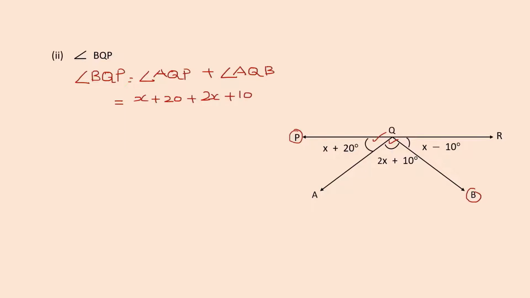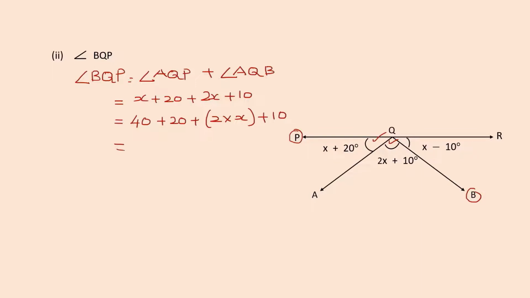We are going to substitute x for its value which we found out. Previously we found out x to be 40. So wherever we have x, let's put 40. So 40 plus 20 plus, here it is 2 into x plus 10.